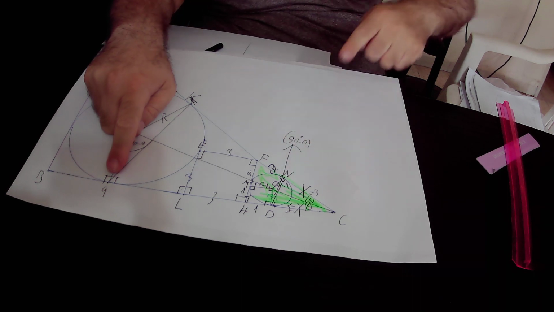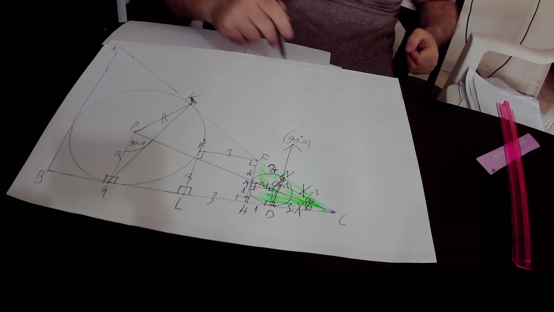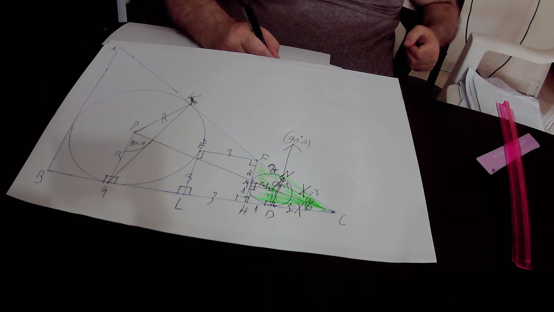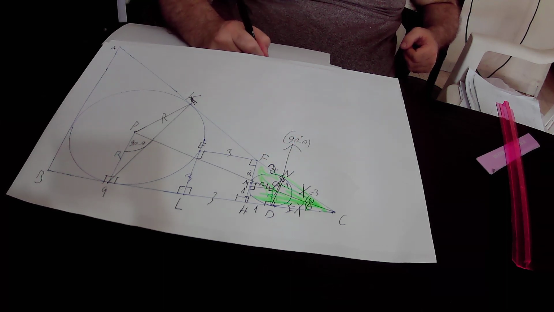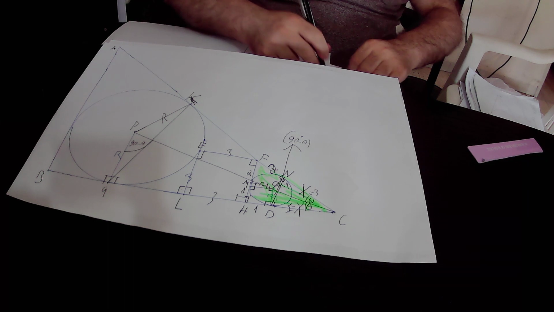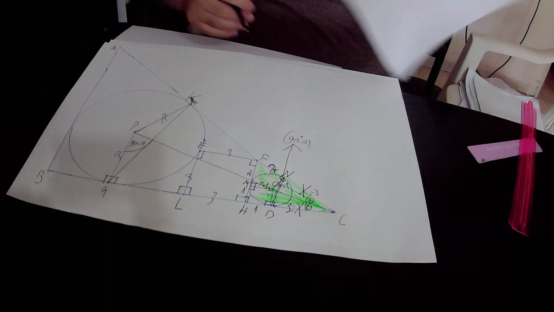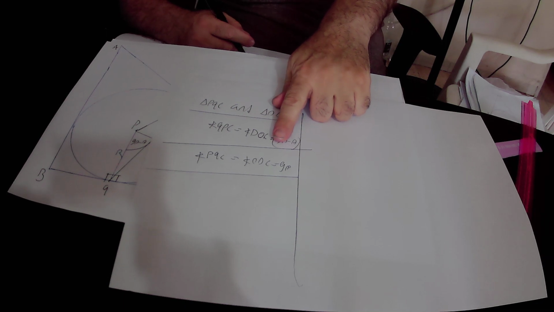So this angle is angle PQC, and it is equal to this right angle, angle ODC. Again, angle PQC in the big right triangle equals angle ODC in the small green right triangle. They are both equal to 90 degrees, therefore they are equal to each other.